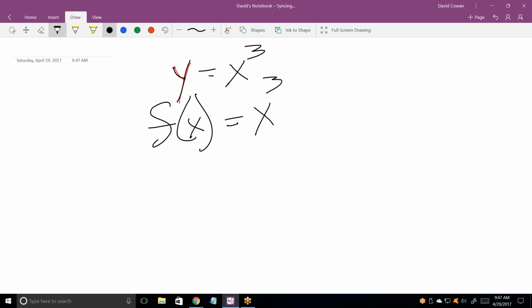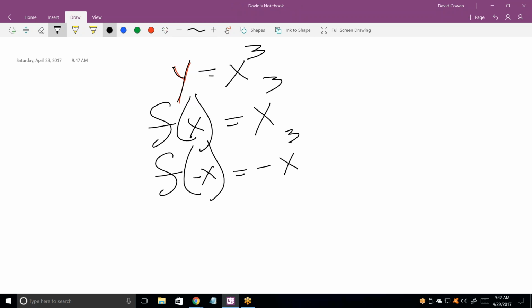Now, I can test this. What does f of minus x equal? That's always the test to determine whether it's even or odd. Minus f of x. That's true. It's equal to minus x cubed. When I plug in minus x, that cubes to this.